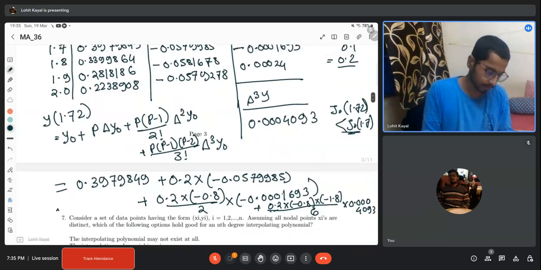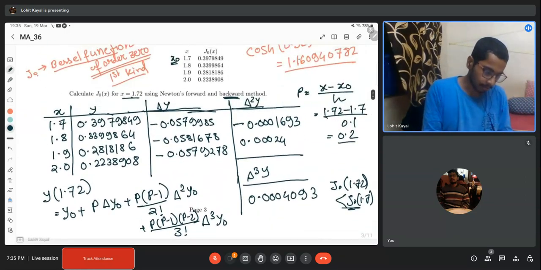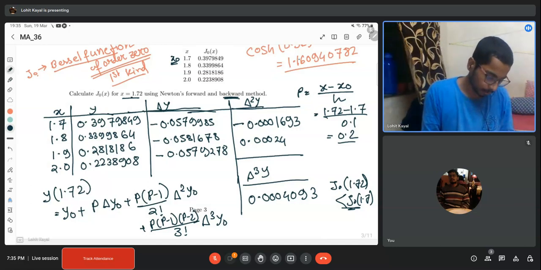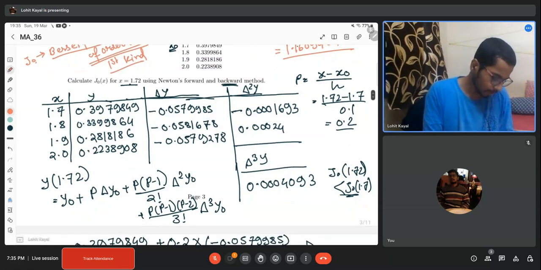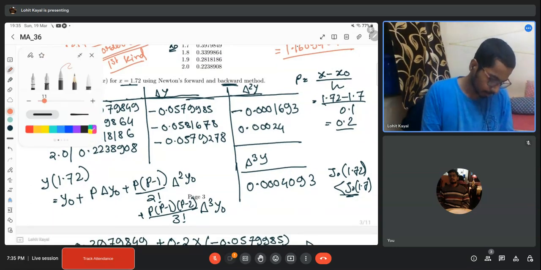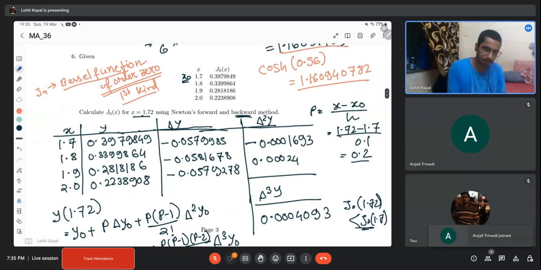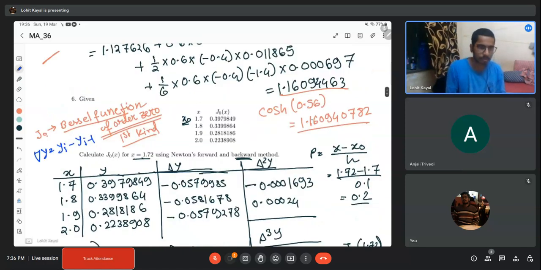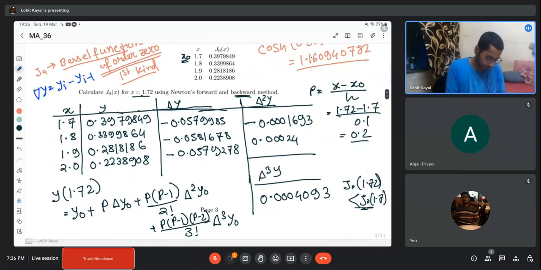Now I will tell you what will happen in the backward method. For the backward method, the formula is nabla y equals y i minus y i minus 1. In that case, you will start from here.